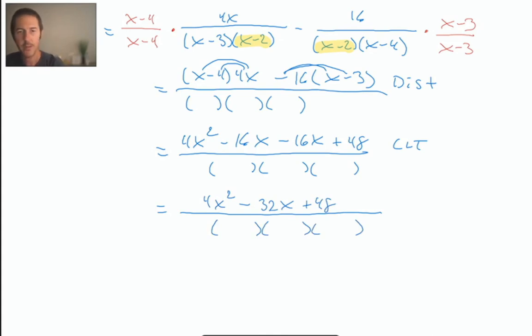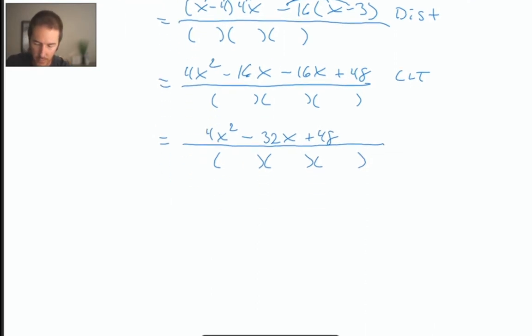And now, is there any factoring that we could do in the numerator that might end up providing us the opportunity to reduce with the denominator? Maybe. I see a leading coefficient of 4. 32 is also divisible by 4, and 48 is divisible by 4. So let's factor out the 4 initially and just see what it is that we're working with.